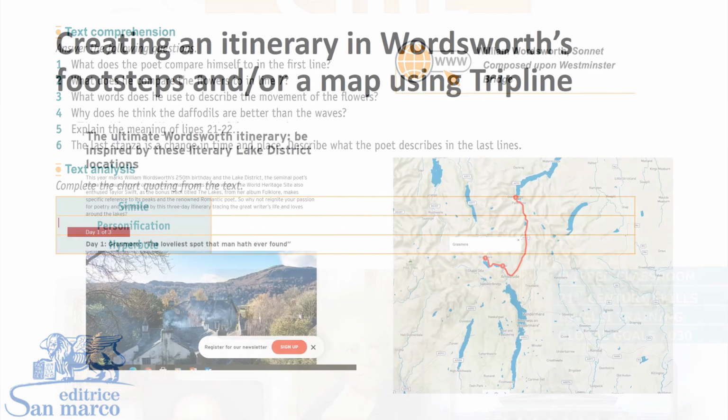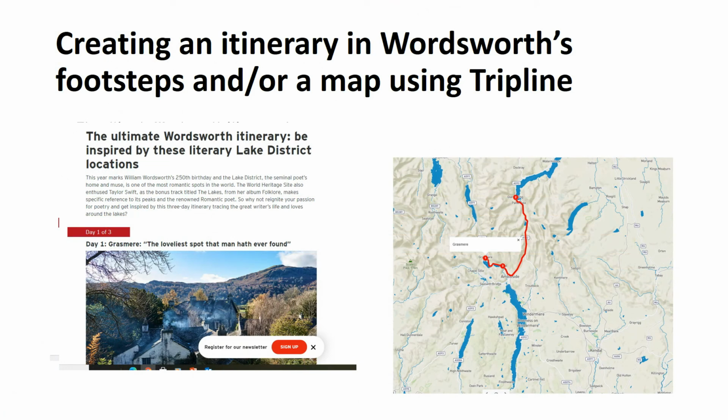And then I would suggest something a bit more creative. I'm going back to the sea of creativity that we mentioned before. Students could be asked in this case to create an itinerary in Wordsworth's footsteps. This is a sample itinerary taken from the Visit Britain website, where each day is dedicated to a particular location in the Lake District where Wordsworth used to spend part of his life and also write most of his poems.